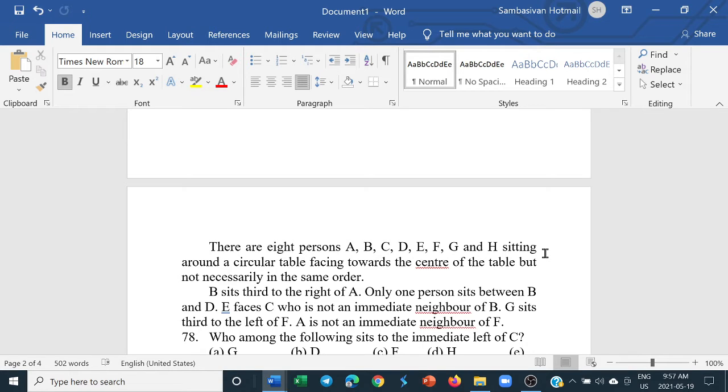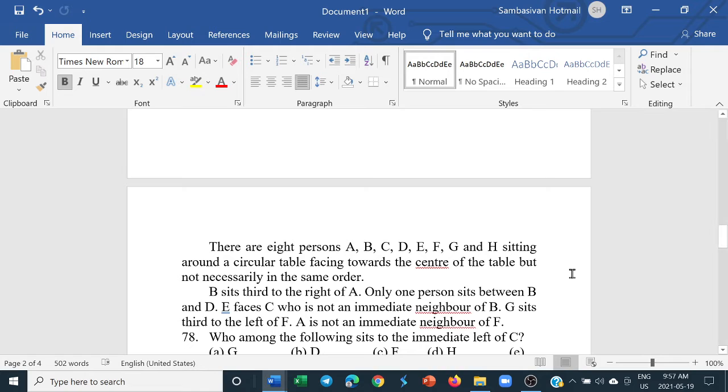How many people? 8 people. 1, 2, 3, 4, 5, 6, 7, 8 people. B sits third to the right of A. Here, one advantage in this problem is all of them are facing towards the center, so you can start from any one and go. For example, B sits third to the right of A.